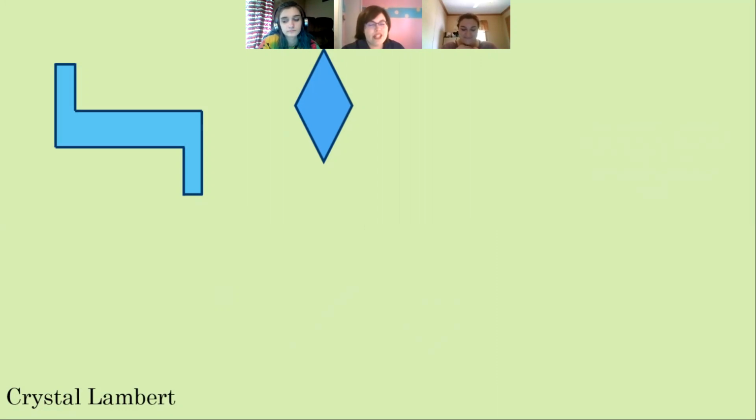So our first shape, I don't know what it's called, but we're going to go with it. We spun it around, and does it look exactly the same? Does the pink version look exactly the same as the blue version? Yes. So in this case, we spun it 180 degrees and we have exactly the same look.